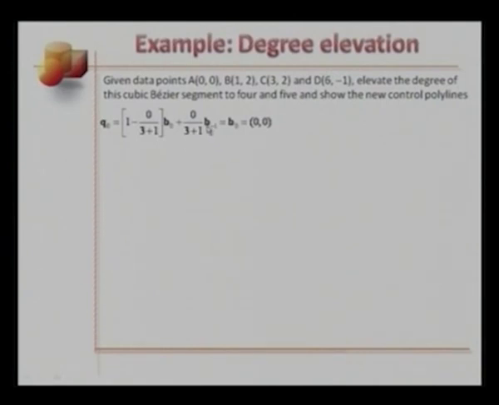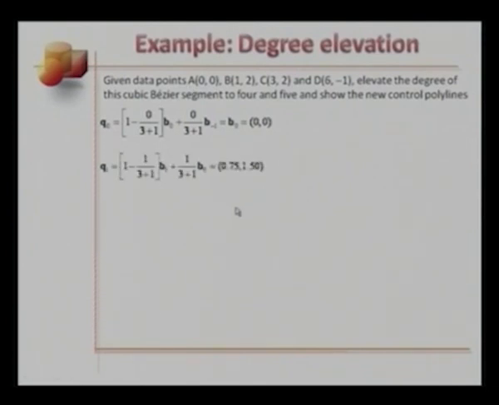Although we do require the original data point with index minus 1, well, it is because this I is 0 that we don't actually need it. In a sense, Q sub 0 will be equal to the original data point, or the first data point, B0 in this case.